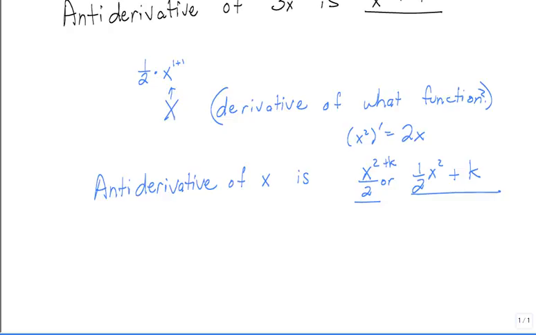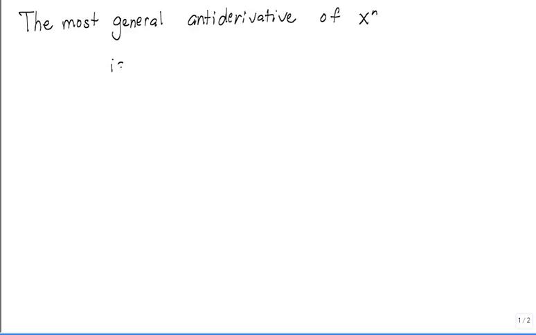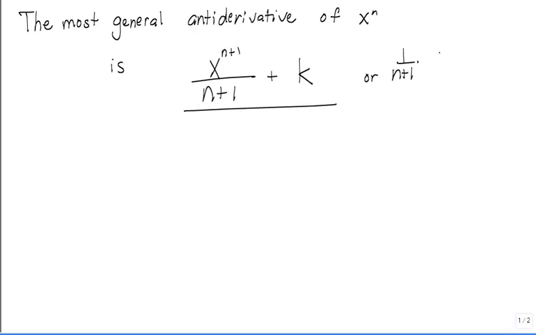So the antiderivative just takes everything backwards. The most general antiderivative of x to the n is x to the n plus 1 divided by n plus 1, plus a constant, or 1 over n plus 1 times x to the n plus 1 plus a constant, because the derivative of a constant is 0.